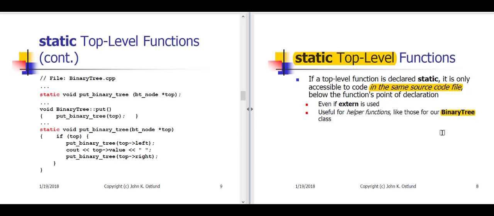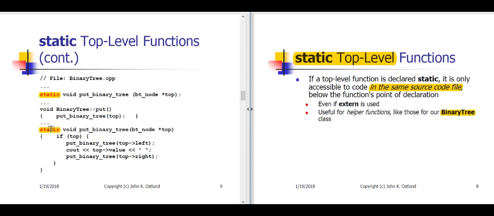And we would like to make it impossible for application developers or other programs to directly make use of these helper functions. We can do that, as illustrated here on slide 9, by putting the word static in front of the declaration and or definition of a helper function.